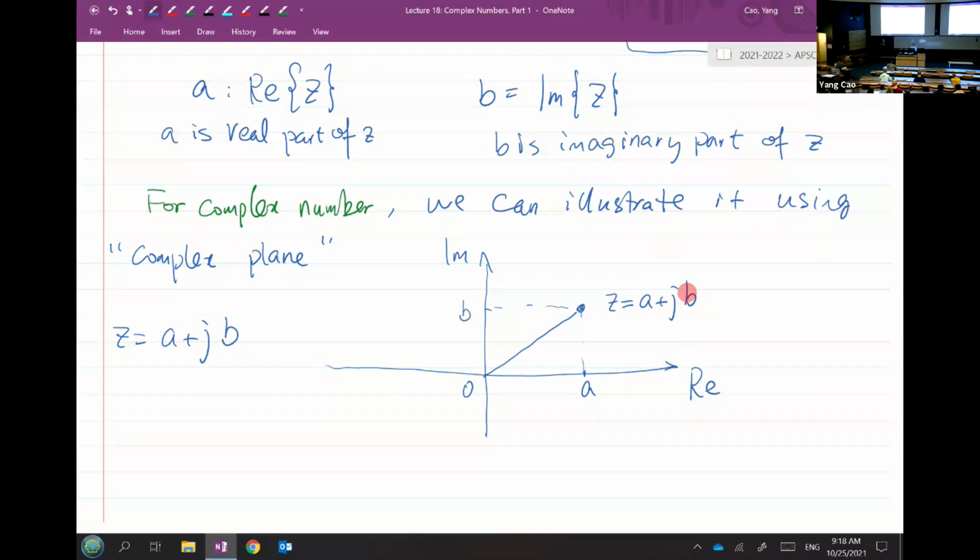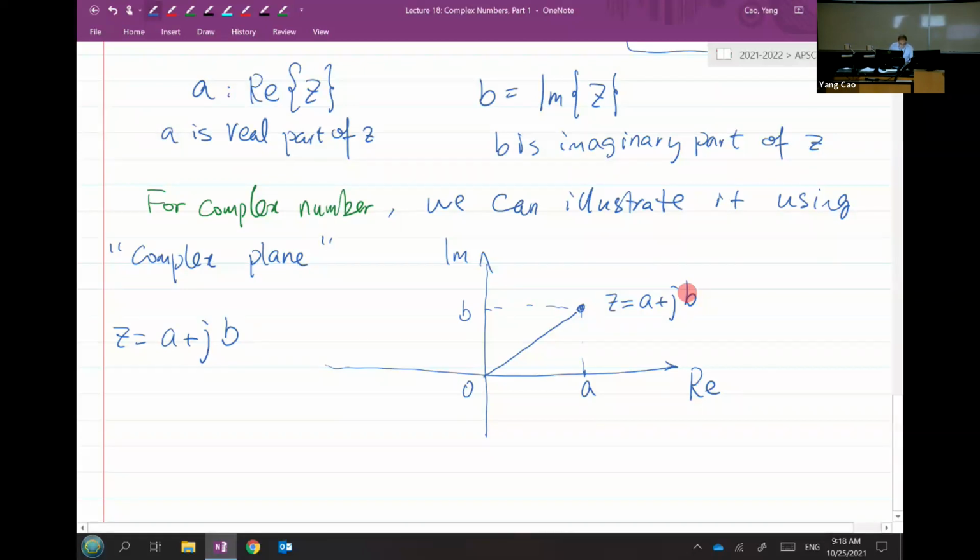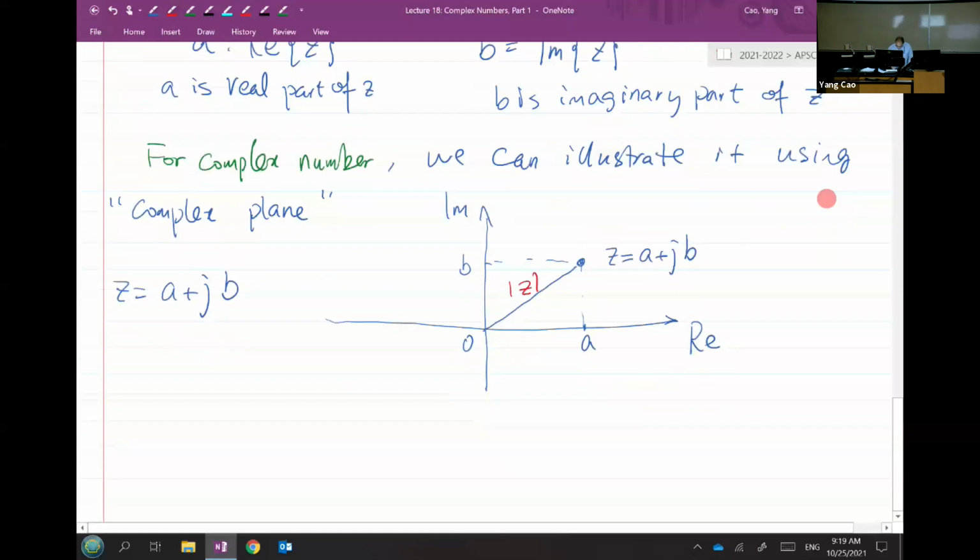So that gives you this complex number as an illustration. Now, based on this graphic, we actually have a few terminologies. Obviously, you can get the total length from the origin to this location right here, and you can also get an angle from here to here.